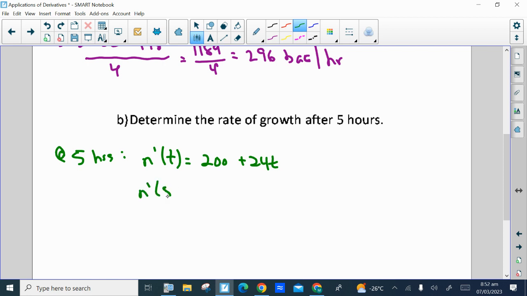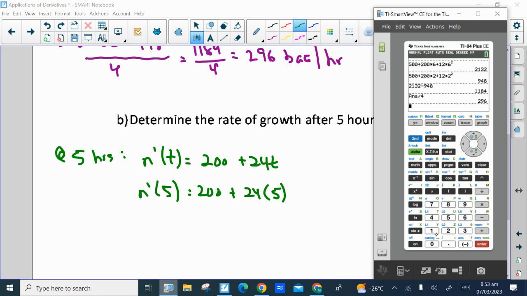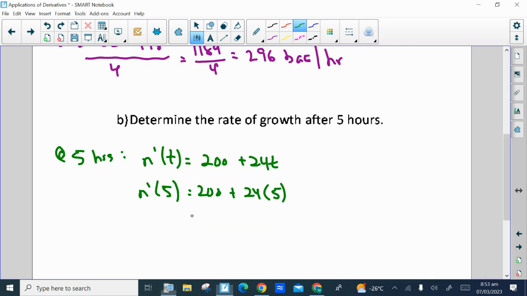And so now N prime at 5 hours, we'll get 200 plus 24 times 5, which is 320 bacteria per hour.